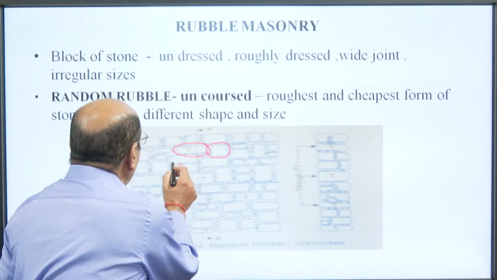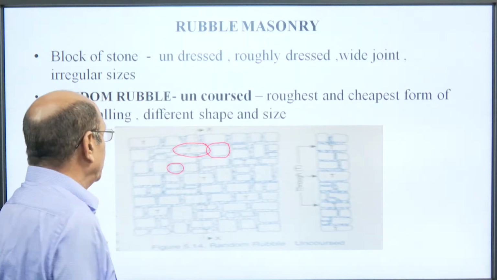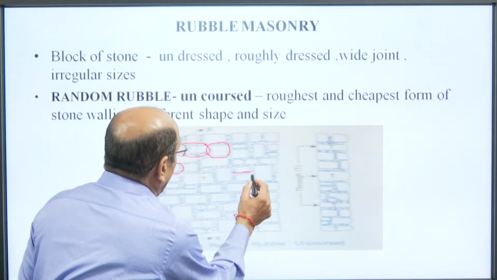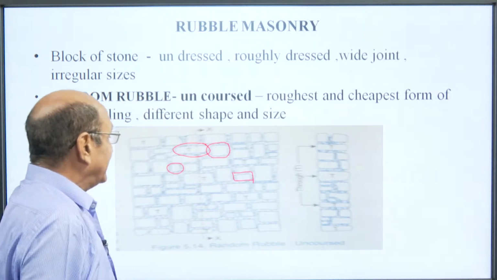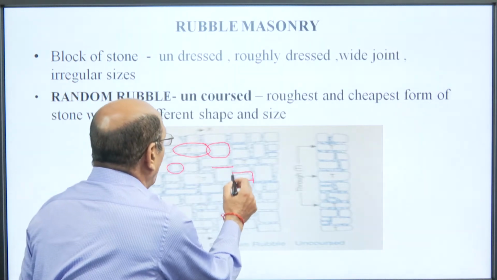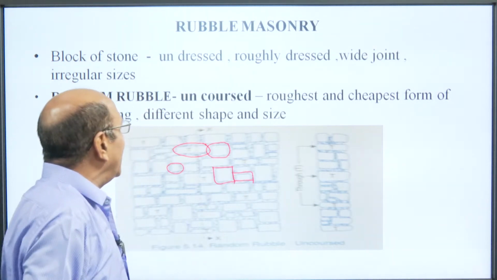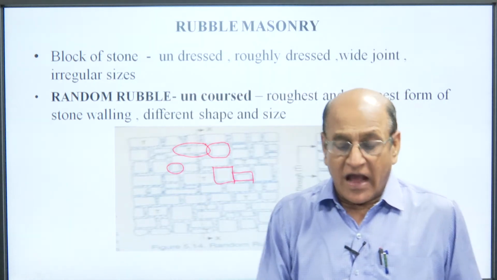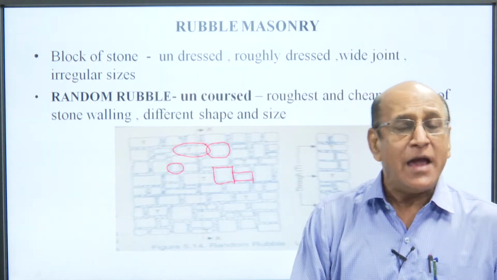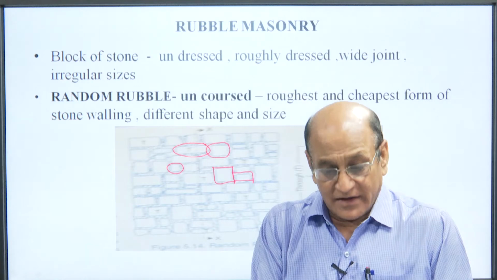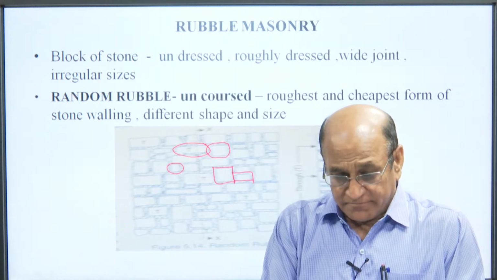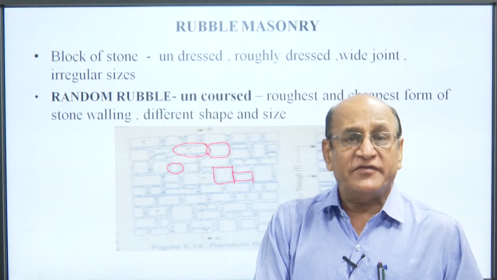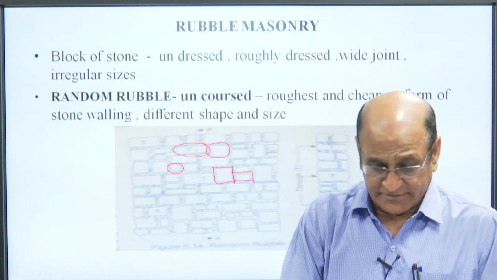These are small stones, and the heights are also different. This stone has a lesser height, this has more height. So this is completely random: height, shape, size, everything is different.